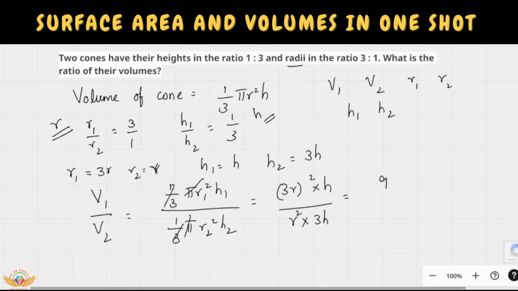So 9R square H by 3R square H. R square H cancel. 3 ones are 3, 3 threes are 9. We got 3 by 1. The ratio of the volumes is 3:1 is the answer.